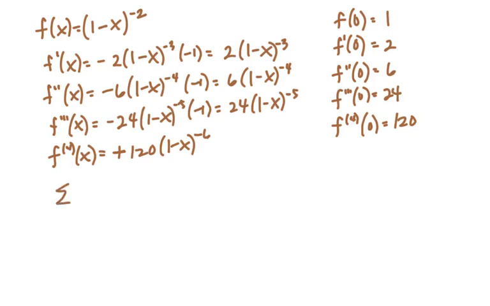So remember our Maclaurin series says the sum from n equals 0 to infinity, f nth derivative of 0 over n factorial times x to the n.